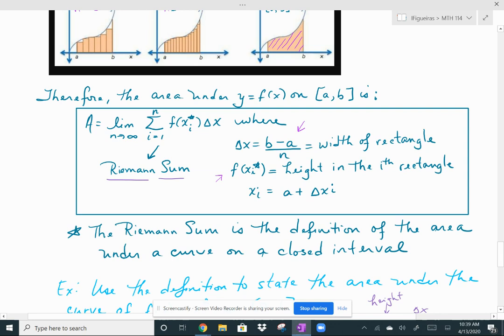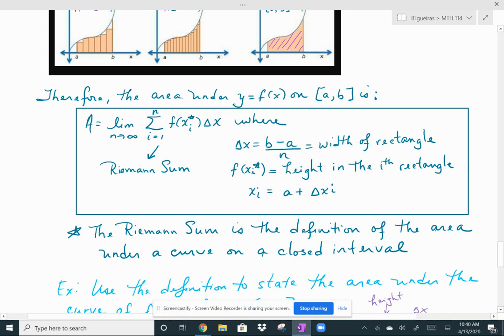And it really isn't going to matter if you're looking at left-hand endpoints, right-hand endpoints, or midpoints, because as n approaches infinity, the rectangles are so skinny and tightly held together that it's indistinguishable whether you're on the left, the right, or in the middle. So that's what that star indicates. And there are different notations depending on the textbook that you're using and the author that developed it.